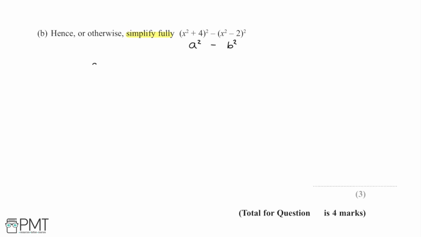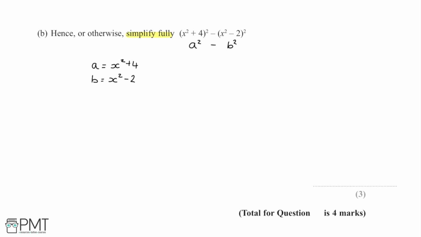And in this instance, a is going to be equal to what's inside the first squared brackets, so x squared plus 4. And b is going to be equal to what's in the second bracket, so x squared minus 2.